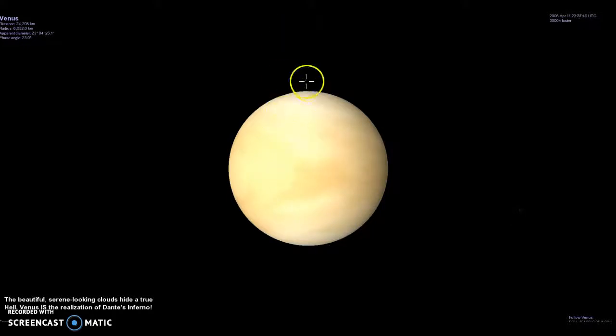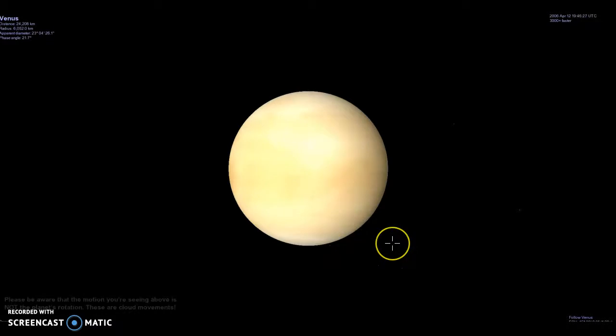So they were talking about here how on Venus we see these movements here, and that's not actually the orbit or the rotation of Venus. That is actually just the movement of the clouds on there, and those clouds are what are driving that greenhouse effect. And the clouds on Venus are made of sulfuric acid. And yeah, here they're talking about how that's not the planet's rotation, those are cloud movements.